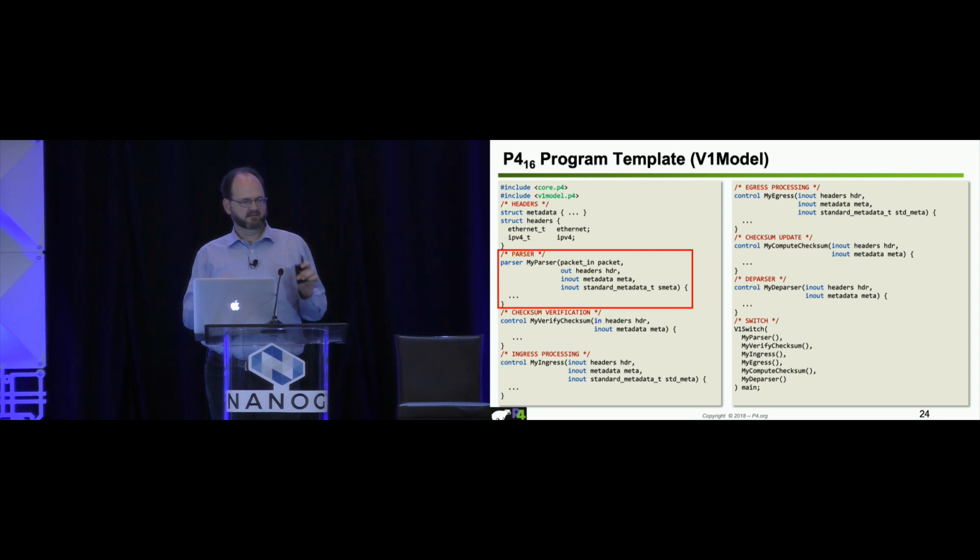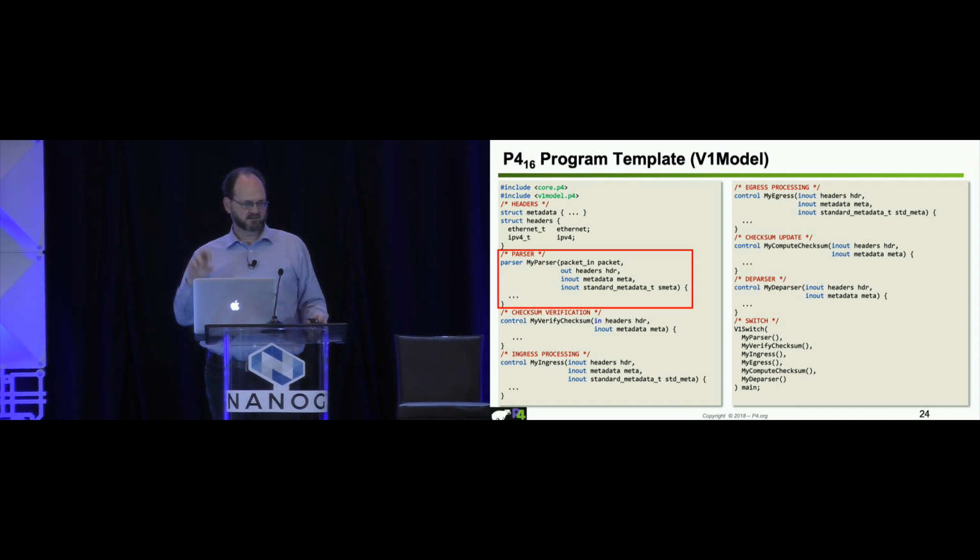These particular parameters that you see here, don't touch them. These are part of the V1 model architecture. If you remove one, the program won't compile. If you add one, the program won't compile. Inside of these blocks, you can add user-defined metadata and other things you want. Headers is a type defined typically earlier in your program. You could define the contents of that header struct, as many headers as you want will fit.